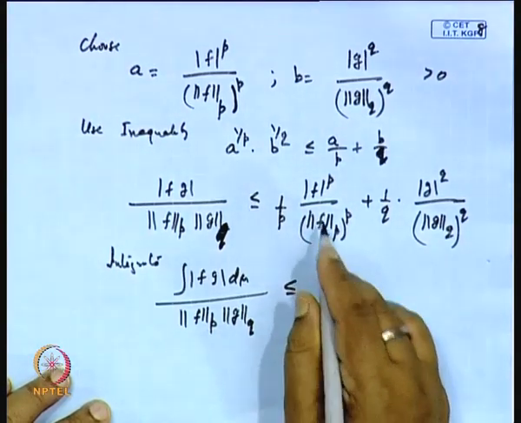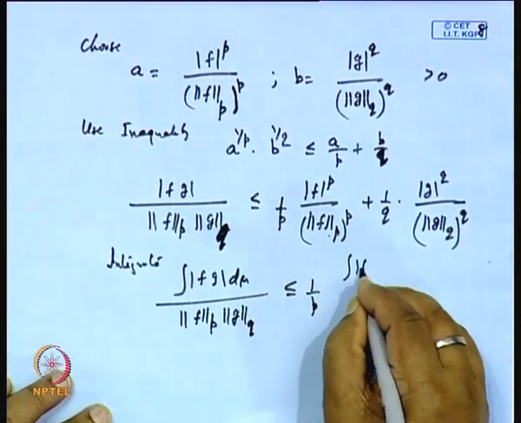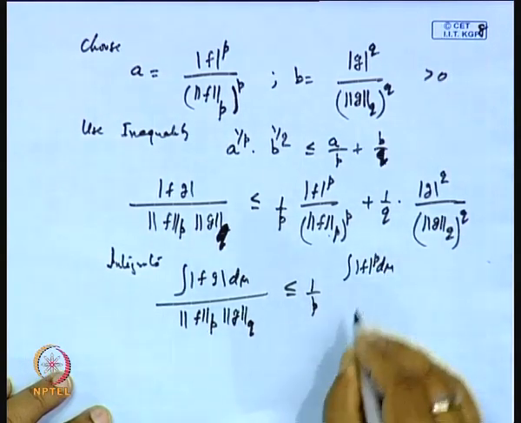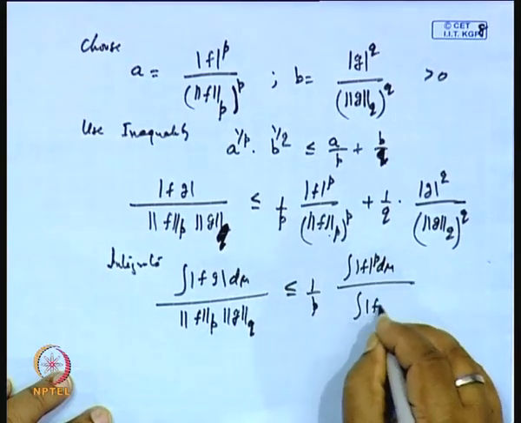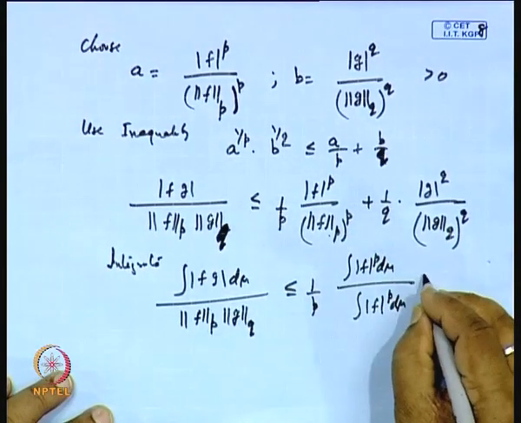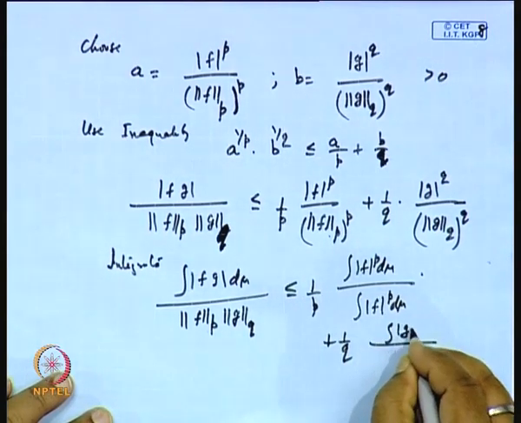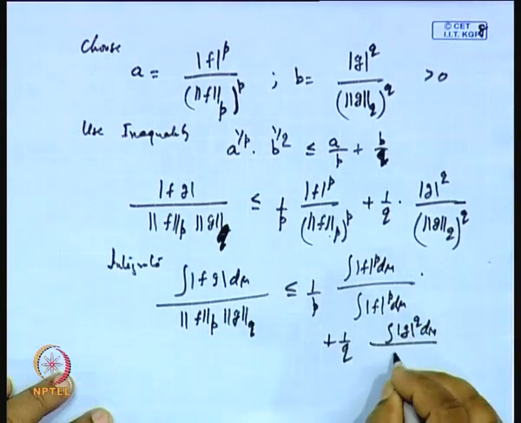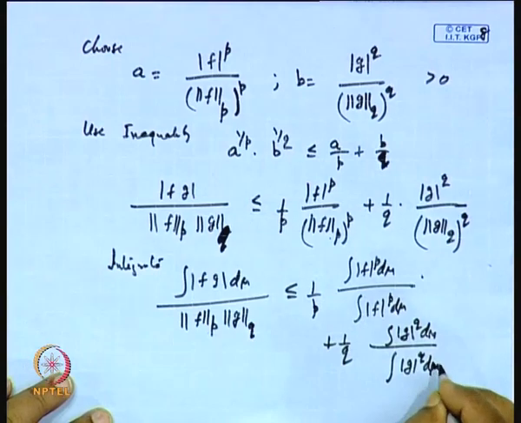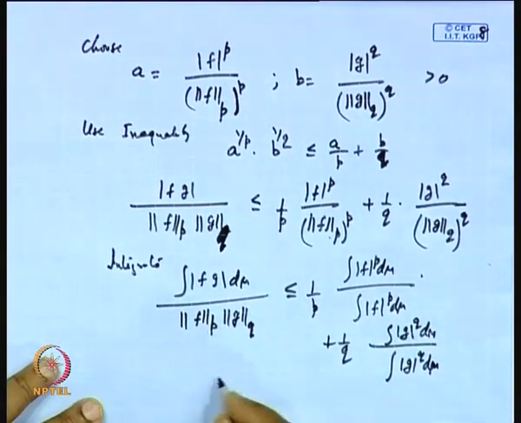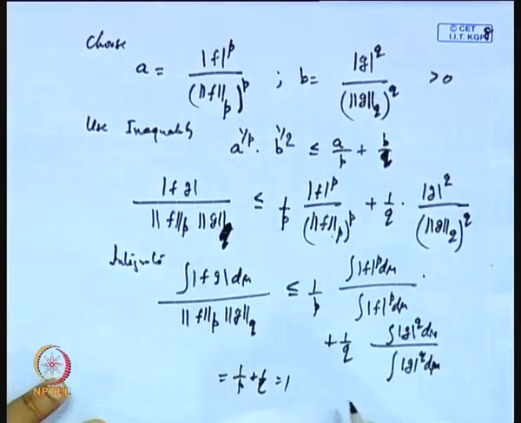So it will be 1/p, and this will remain because it is the integral of |f|^p d mu, is it not, and then when we open this integral, it is also the same as this. Similarly, 1/q integral of |g|^q d mu, and this is also the same as d mu. Okay. So basically they are cancelled and we get 1/p plus 1/q is 1. Therefore, multiply this and we get the answer.